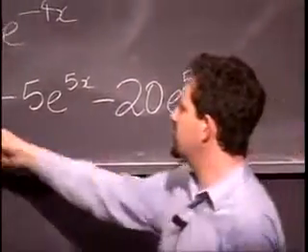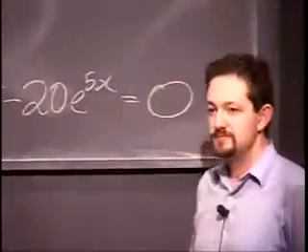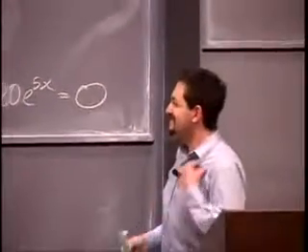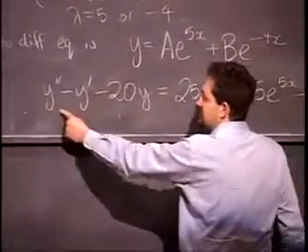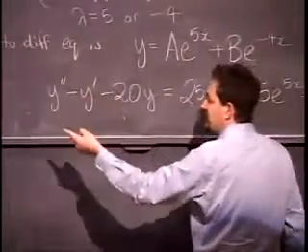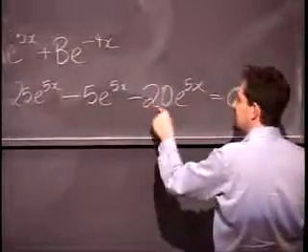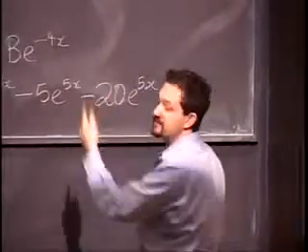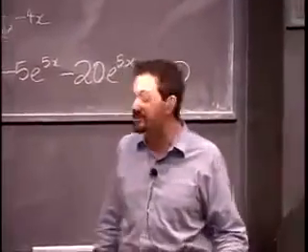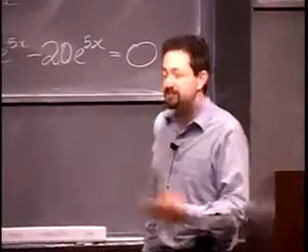And sure enough, 25 minus 5 minus 20 is 0. It's like magic. But actually, it's not so much magic, because for the second derivative the 5 squared comes out, and for the first derivative the 5 comes out, and it's like 5 squared minus 5 minus 20. It's like plugging 5 into that characteristic quadratic equation, which of course gives you 0. So that's why this works, at least in this case.